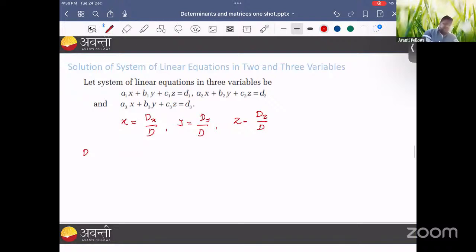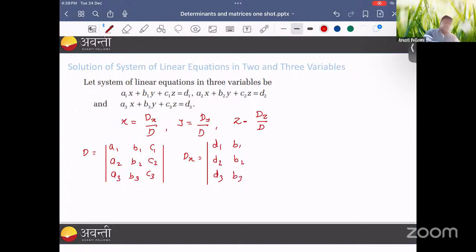D is the determinant formed with the coefficients of x, y, z. That is a1, b1, c1, a2, b2, c2, a3, b3, c3. Now Dx is what? Delete the column containing coefficients of x, that is a1, a2, a3, and replace with d1, d2, d3. So d1, d2, d3, b1, b2, b3, and c1, c2, c3.